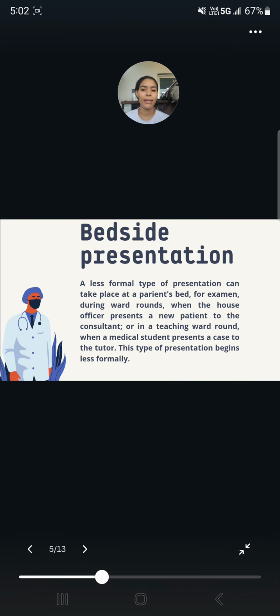So let's see now what a bedside presentation is. This is included in this type of presentation. It is a less formal type of presentation and can take place at a patient's bed. For example, during ward rounds, when the house officer presents a new patient to the consultant, or in a teaching ward round, when a medical student presents a case to the tutor.